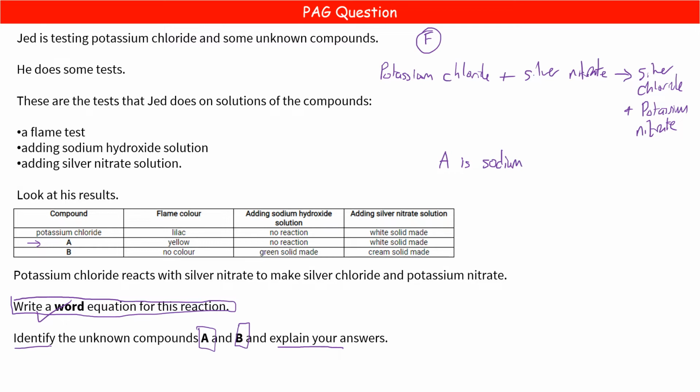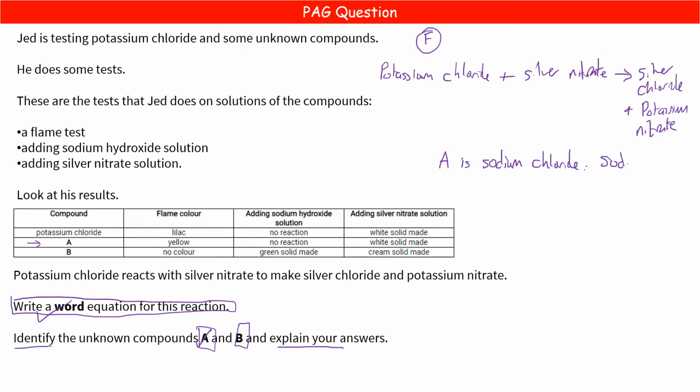Now, we don't have a reaction with sodium hydroxide solution, so that's no use to us. But silver nitrate makes a white solid. Silver nitrate is how we test the different halide ions, and the white solid tells us it's a chloride. So A is sodium chloride. So we've identified compound A. We now need to explain our answer.